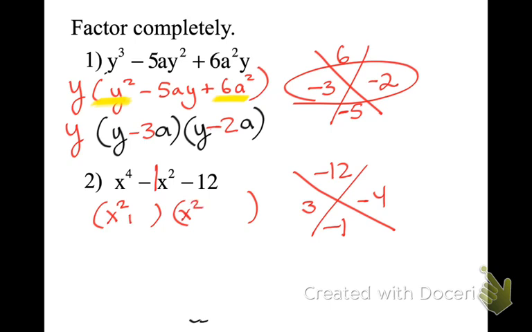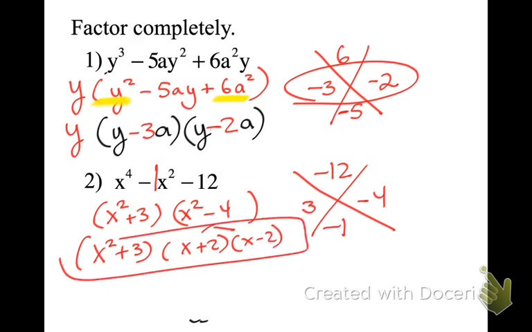And then I have plus 3 minus 4. Are we done? We keep this one because it can't be broken up anymore. But this is my difference of squares, which is x plus 2 times x minus 2. And that is my final answer. Questions? Okay, that's the lesson.